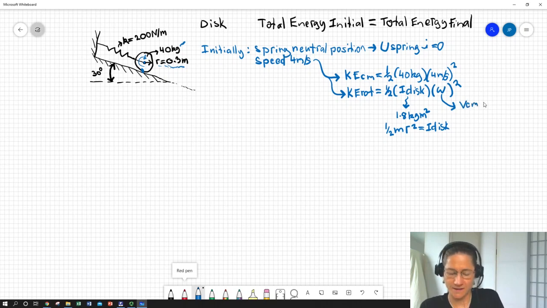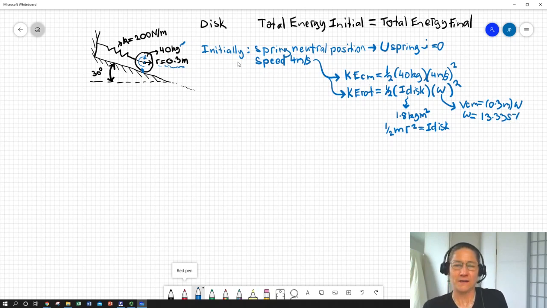So the velocity of the center of mass is going to equal the radius times omega, which ends up being really simple. And so we end up with an omega equals v over r, probably the simplest aspect of rolling kinematics.